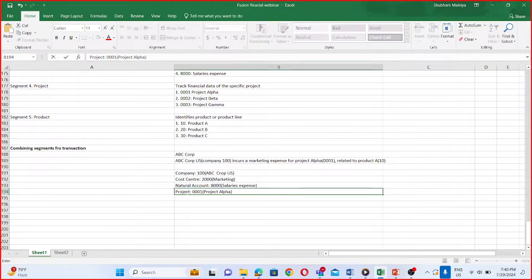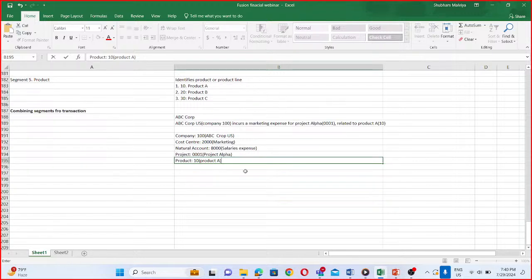Then we have a product segment, whose code was 10, and it was product A. So what would be the code combination?